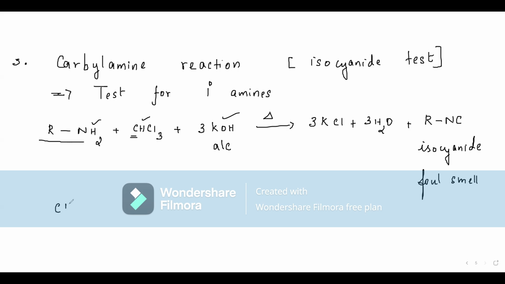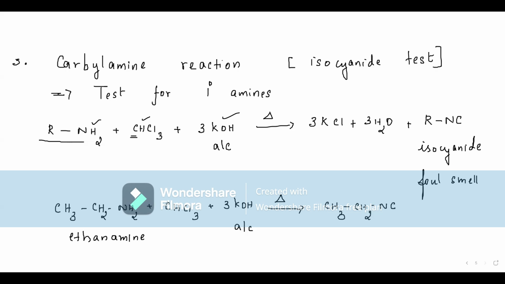Let me take CH3CH2NH2, which is ethanamine. Ethanamine, under similar conditions, CHCl3 and KOH, alcoholic alkali, on heating gives you CH3CH2NC plus 3KCl plus 3H2O.